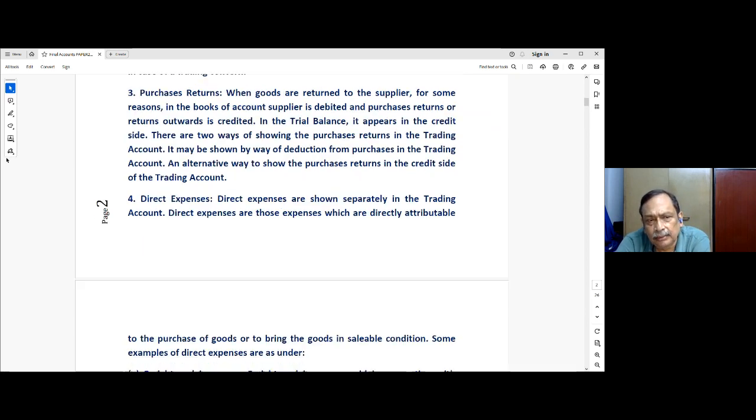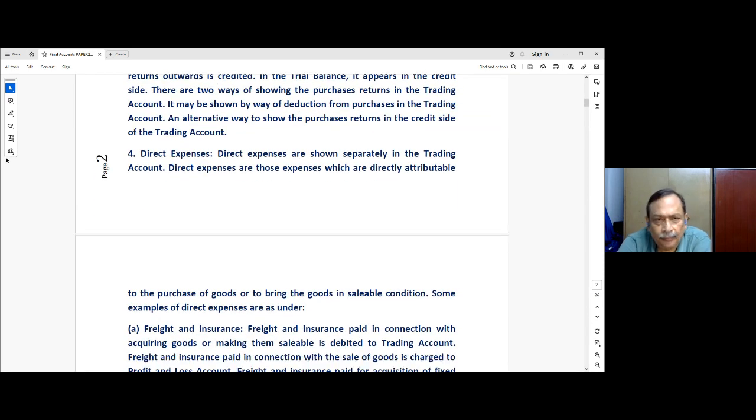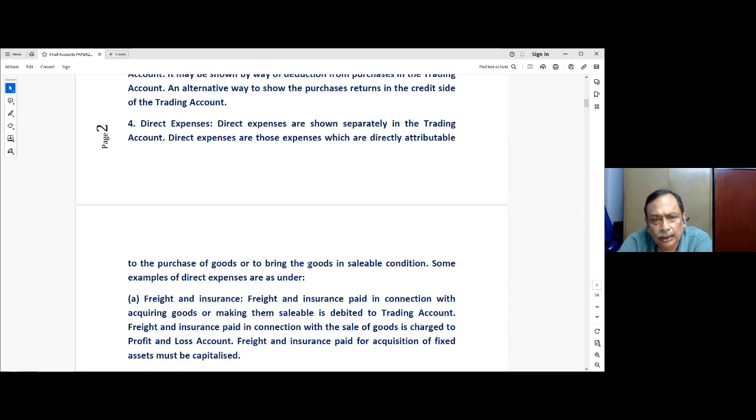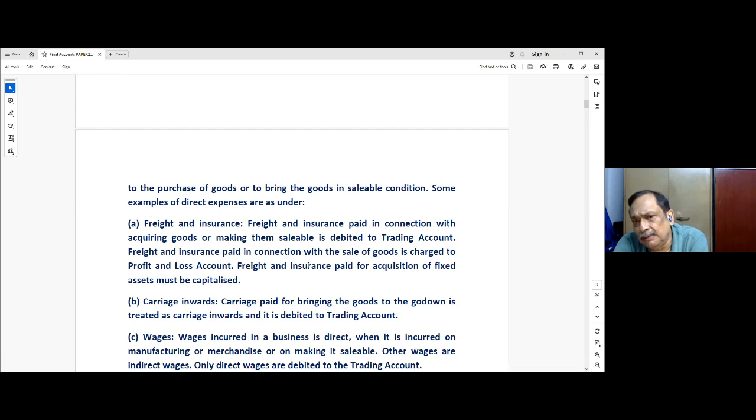Next, we are coming to direct expenses. Direct expenses are shown separately in the trading account. Direct expenses are those expenses which are directly attributable to the purchase of goods or to bring the goods into sellable condition.